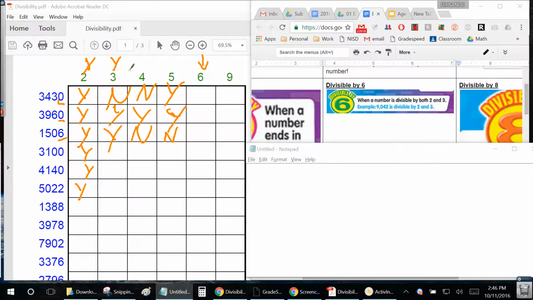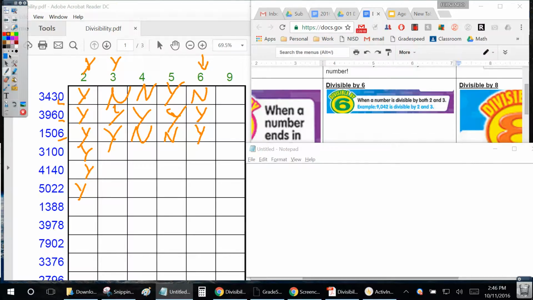Both yeses. If you have a no, then it's a no. Look at this one: you can divide by 2, but not by 3, so you cannot do 6. This one you can divide by 2 and by 3, so you can do 6. If there's a no anywhere or on both, then it's a no.